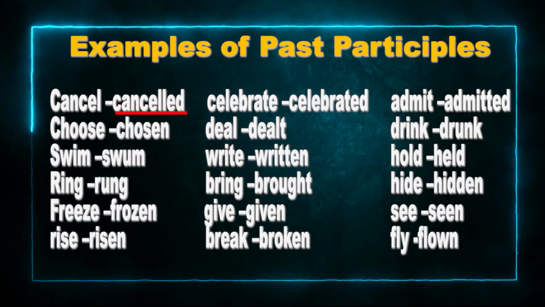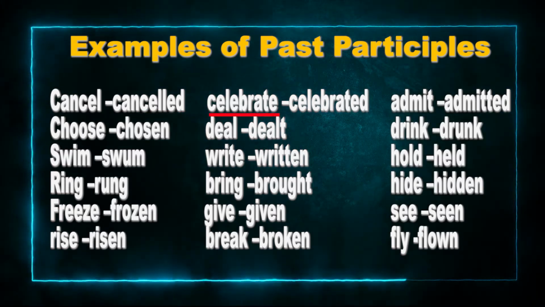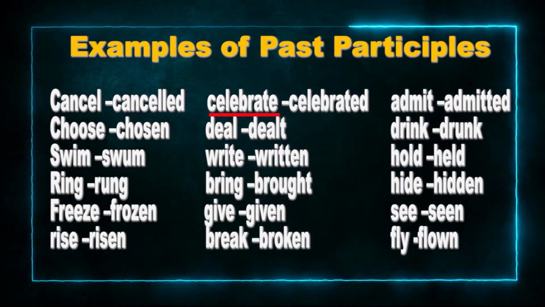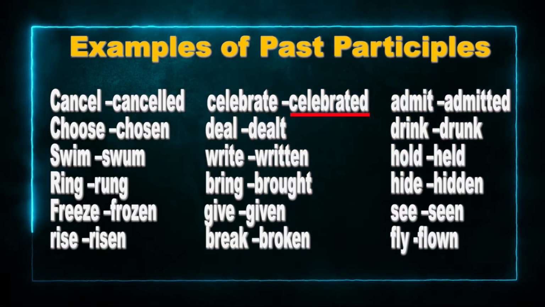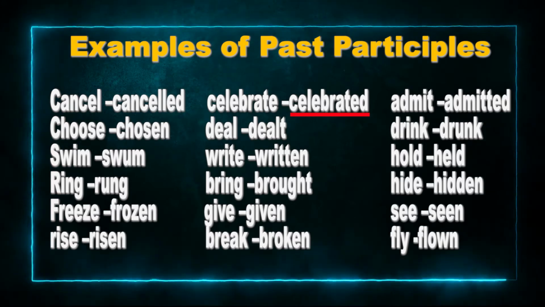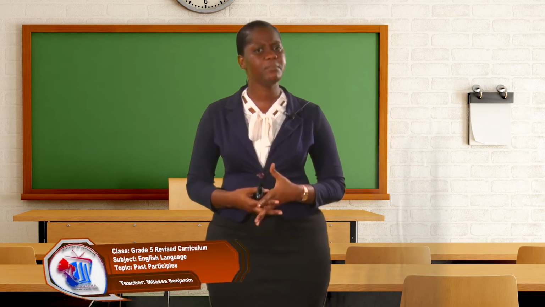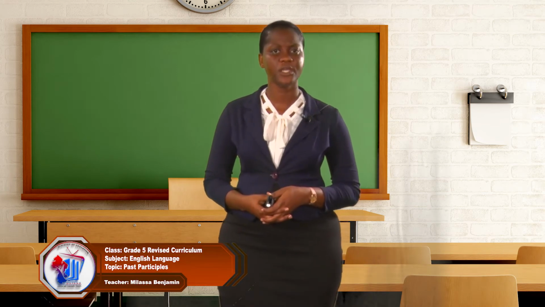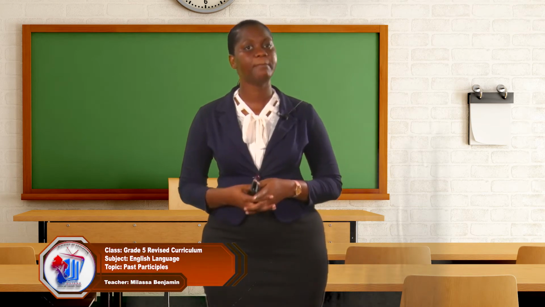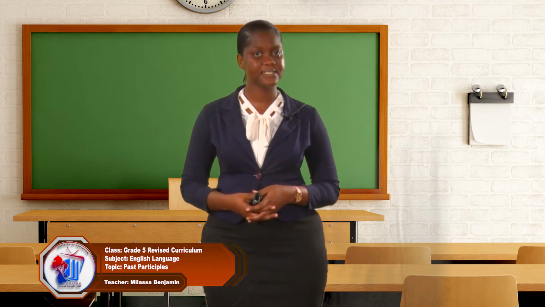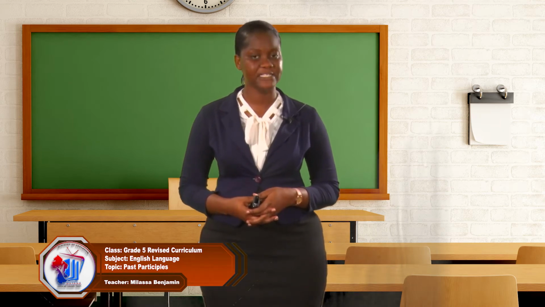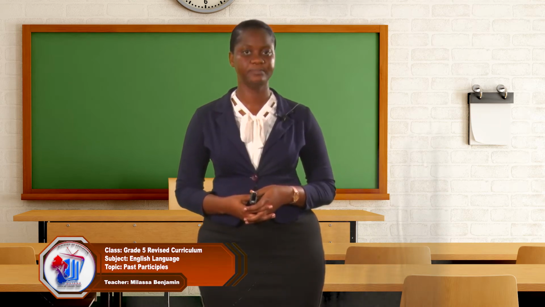Also, if we have the verb celebrate, the past participle would be celebrated, which is also the past tense of that verb. And so in most cases with regular verbs, you will find that both the past tense and the past participle are the same.